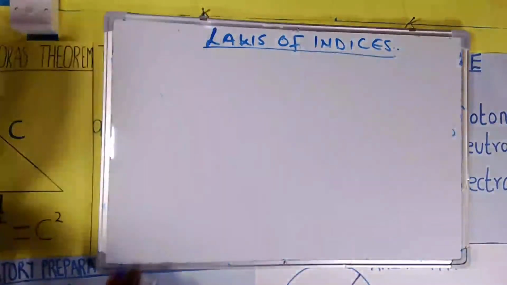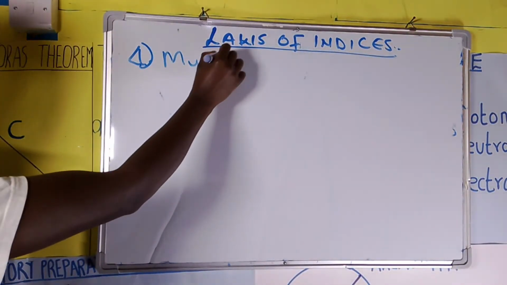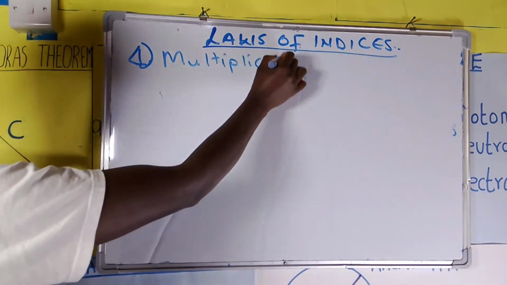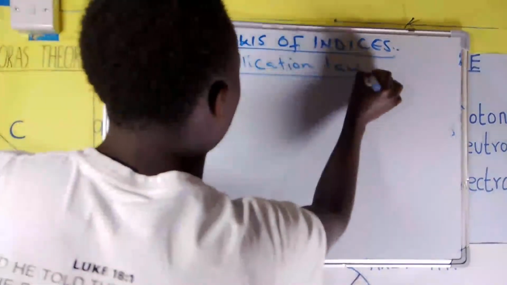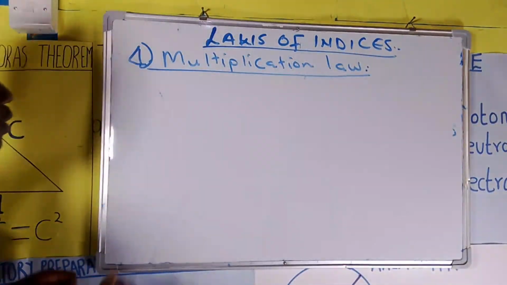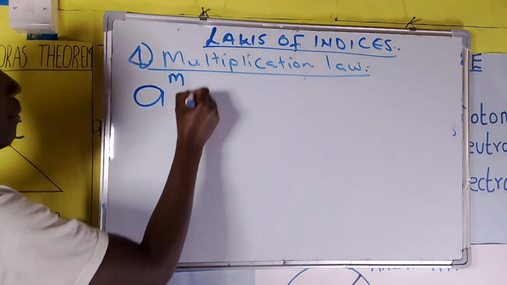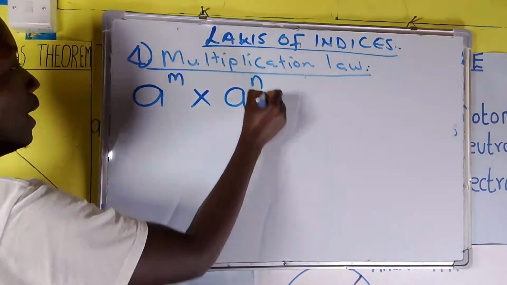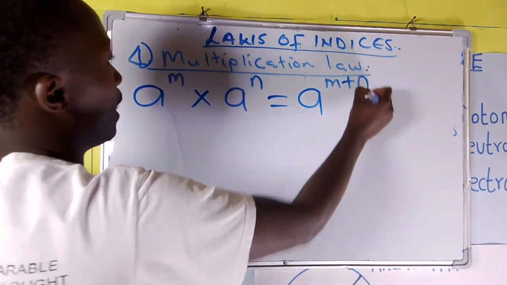we will start with the first law, which we call the multiplication law. In the multiplication law, it simply states that a to power m times a to power n is equal to a to power m plus n.